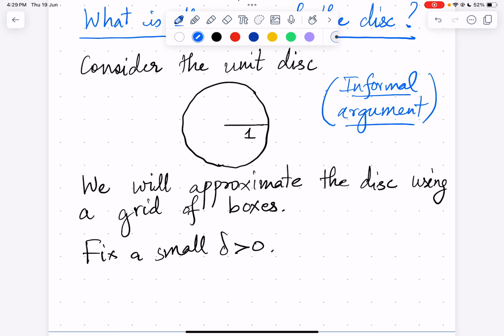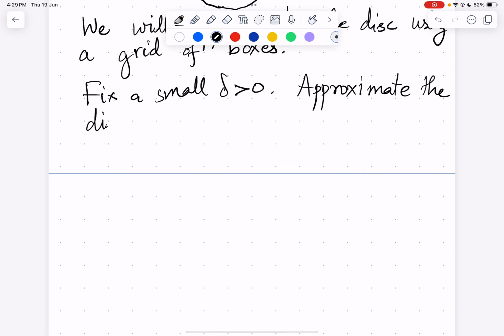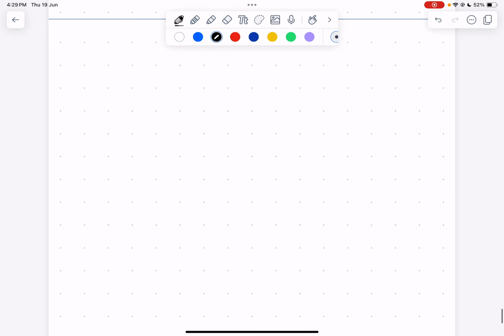We will approximate the disk using a grid of boxes, as shown.